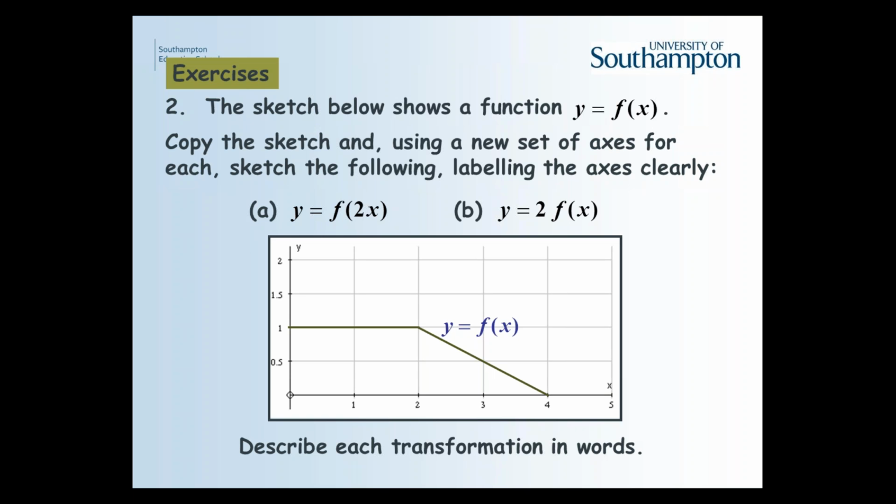Wayne? Yeah, I'm a bit stuck, I think. Okay. I was thinking that the first one was stretching the function bracket 2x. I was thinking that was stretching by a scale factor of 2 in the y-axis.